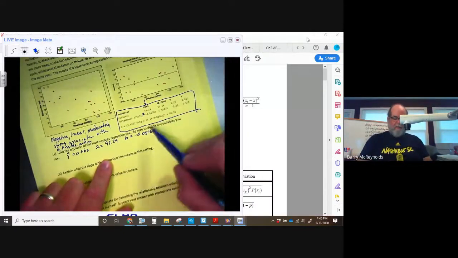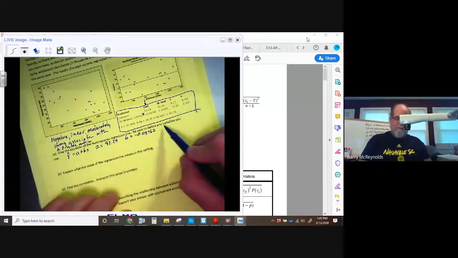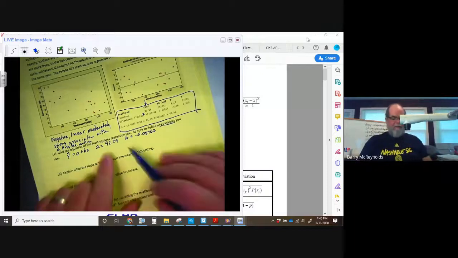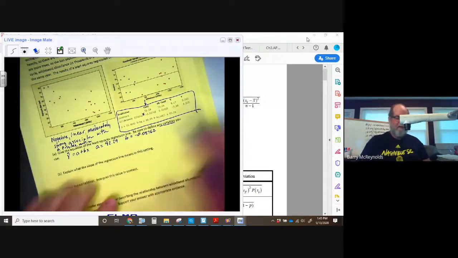And so when I write the regression line, notice it says define the variables. I've defined the constants. I haven't defined the variables.